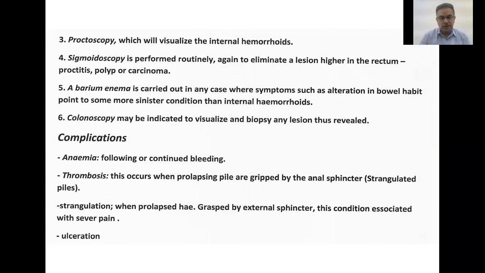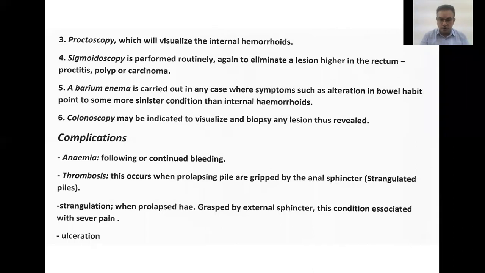Sometimes internal hemorrhoid is a sinister manifestation of an underlying carcinoma of the colon, and colonoscopy may be indicated to visualize and biopsy any lesion thus revealed.